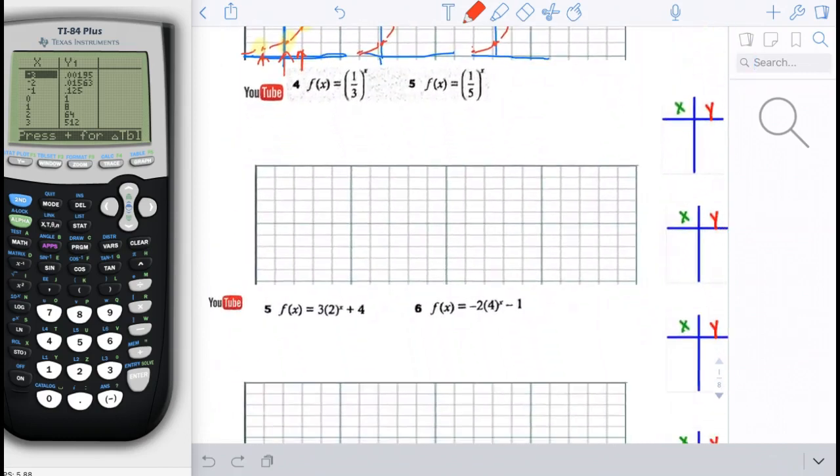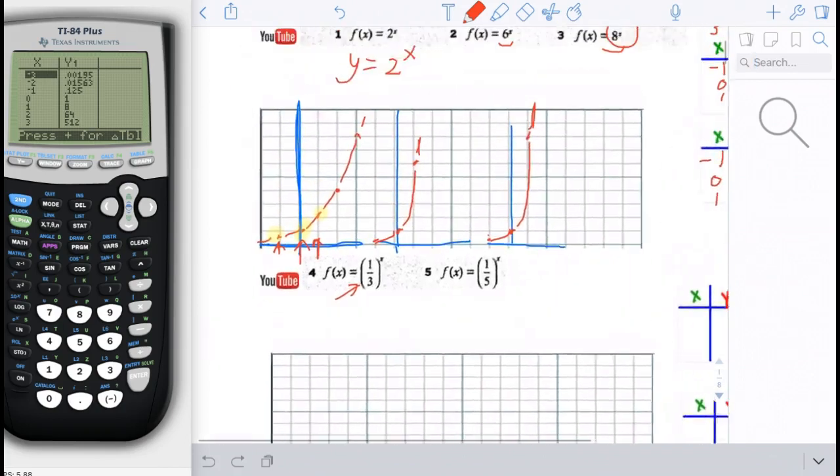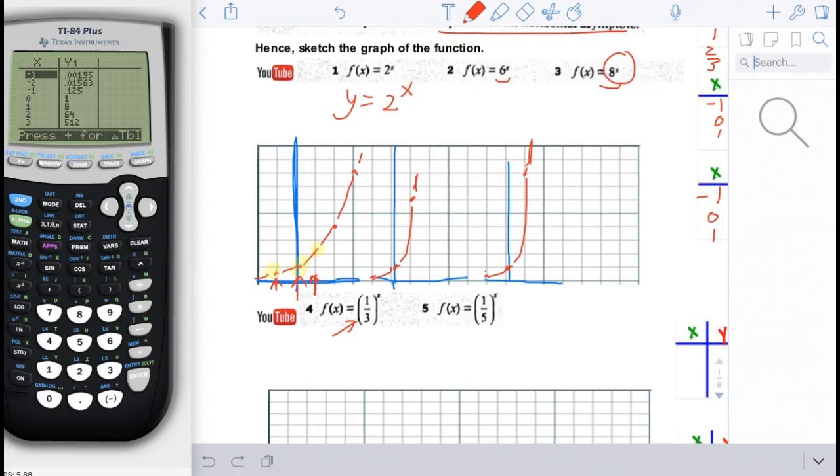These are a little bit trickier because you can see that the base of the exponent is a fraction, okay? So remember what we're doing here when we have an exponential function is you are multiplying the base times itself multiple times. So let's say that I put 1/3 to the 3rd power.